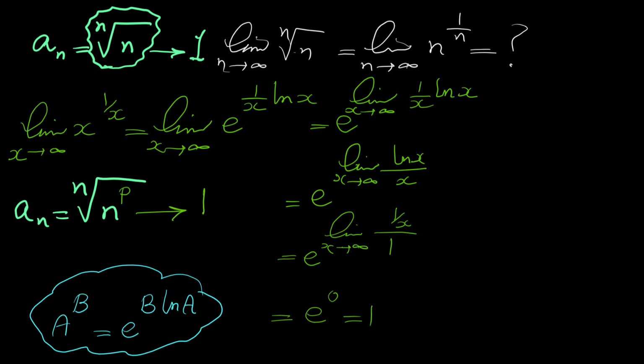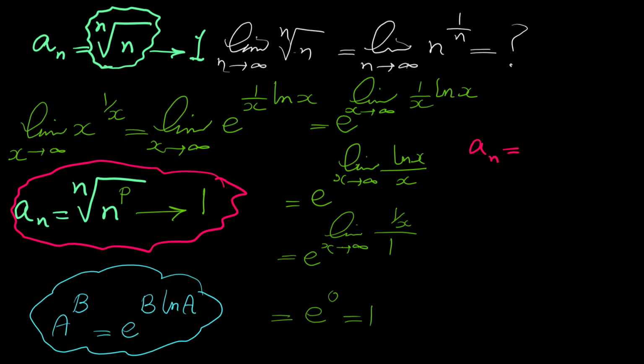So based on this rule or this fact, consider the nth root of, for example, n to the 2. What is the limit of this sequence? 1. What about this? 1. What about if we add 5 here? Again 1. Attention, here is the nth root.